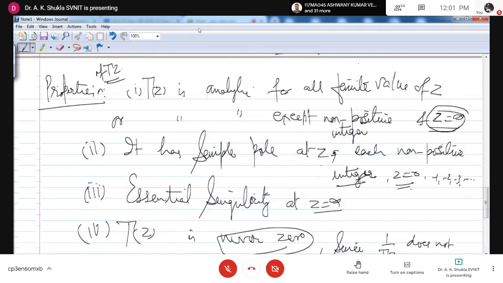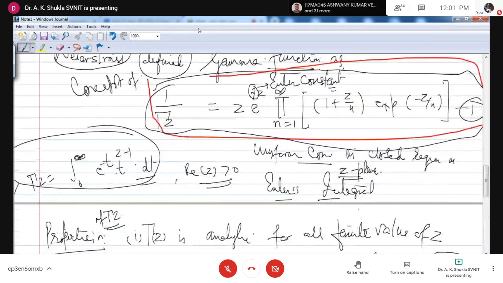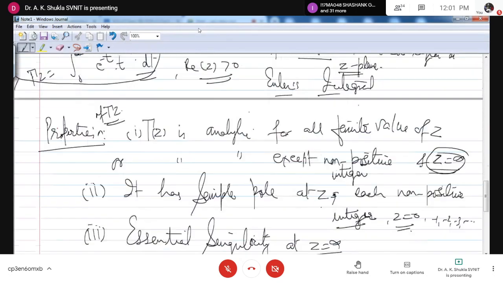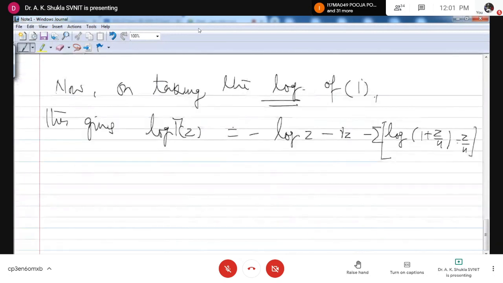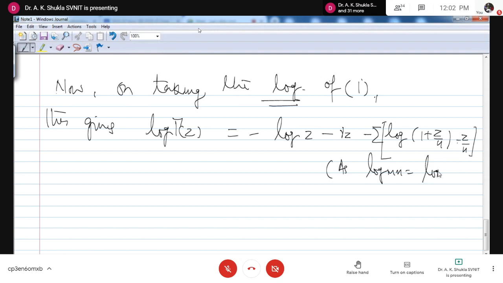If this is the product form, as you know, the simple formula is log m into n equal to log m plus log n.